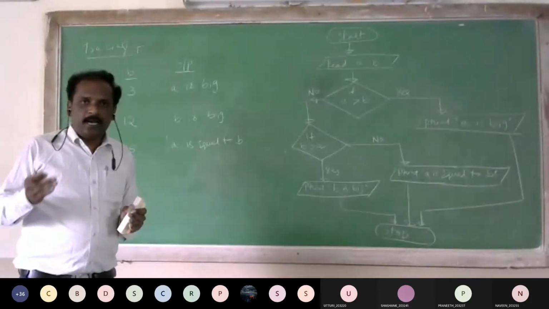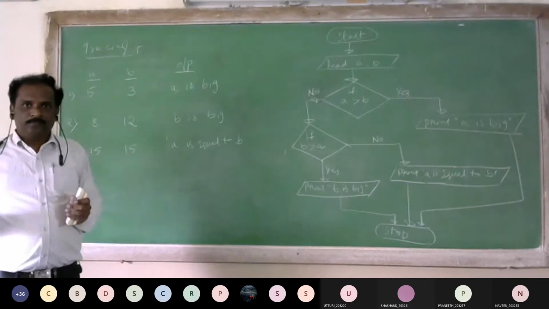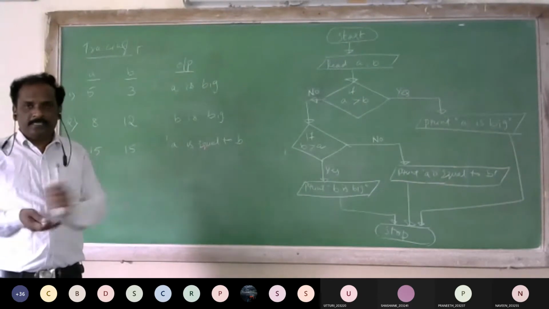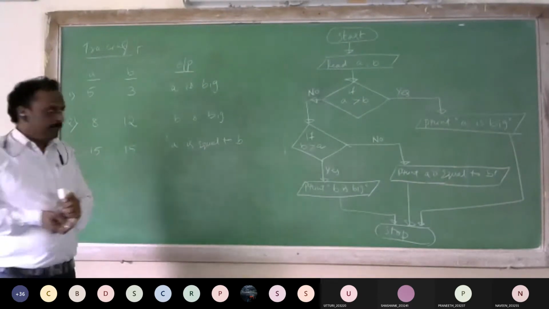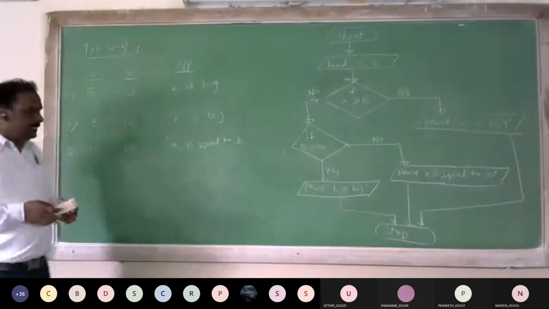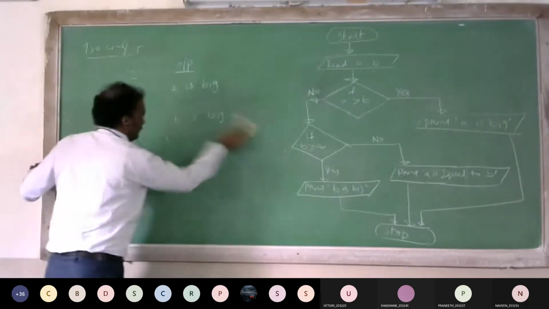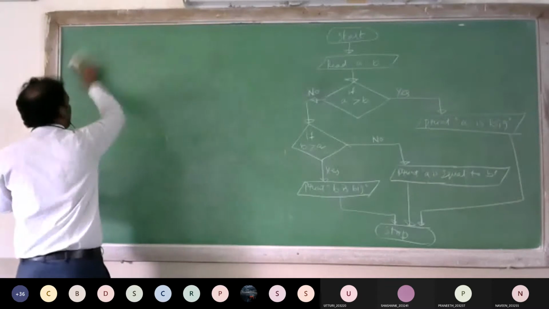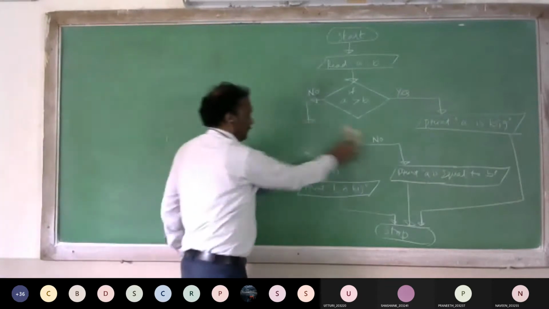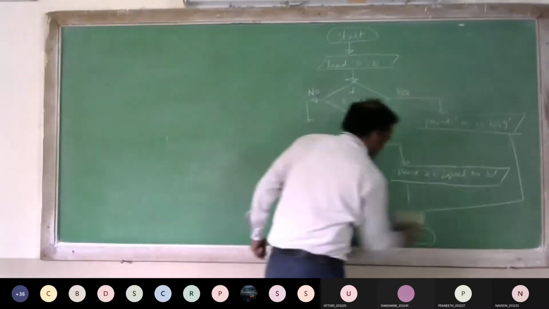Those constructs will be learned later. First, we have to understand the basics of how to solve the problem by using algorithm and flowchart. What is the third problem I discussed yesterday? To find the sum of n natural numbers. Sum of n numbers.